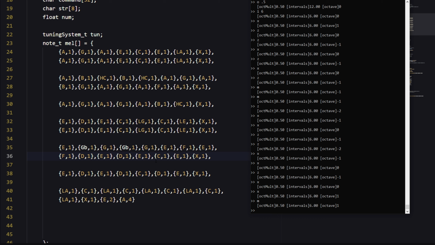And so today we will be exploring the variations on the 12 equal temperament.